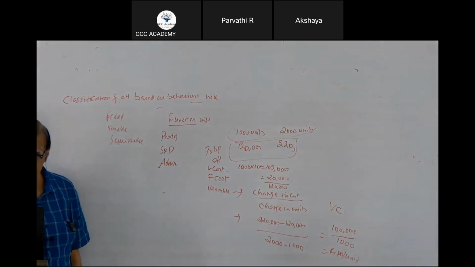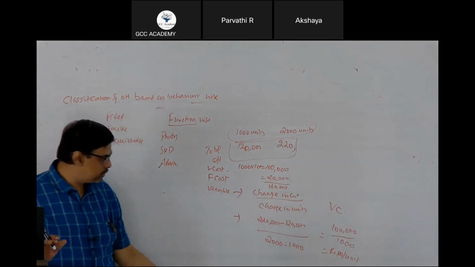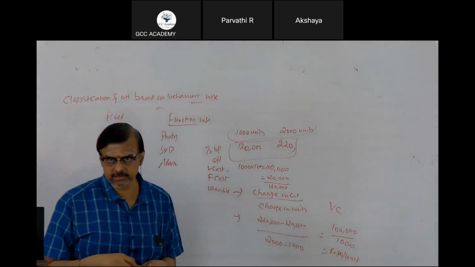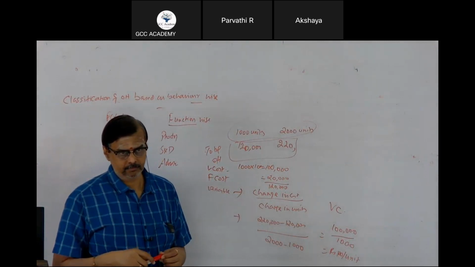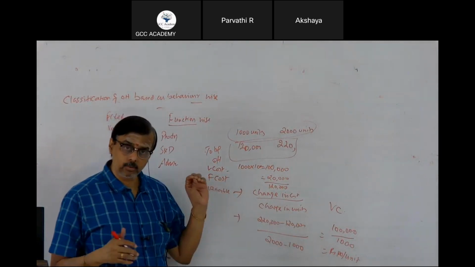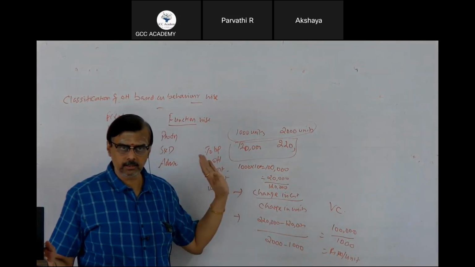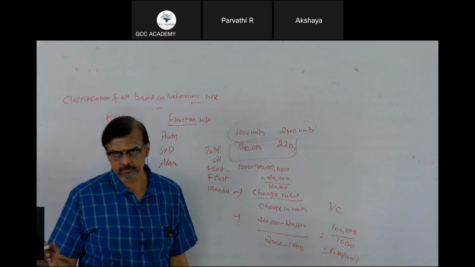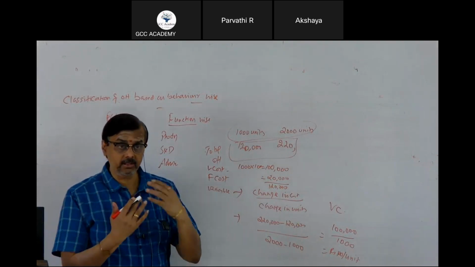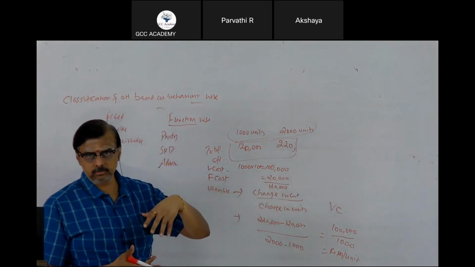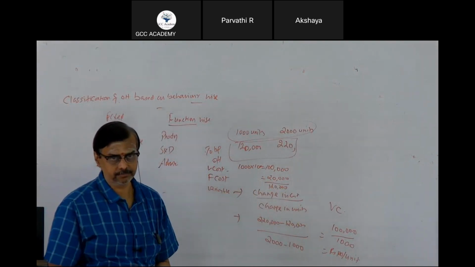So what we have to do is first arrive at the variable component by using this formula between two activity levels. Very, very important. Very fundamental, very important. Throughout cost accounting and management accounting we have to segregate the cost. So we found the variable first, then the fixed component. So the balancing figure is fixed.